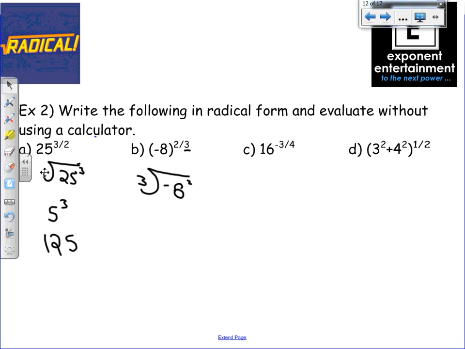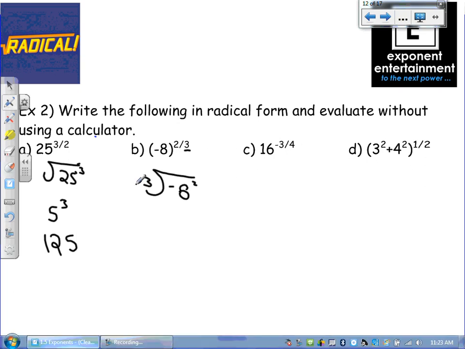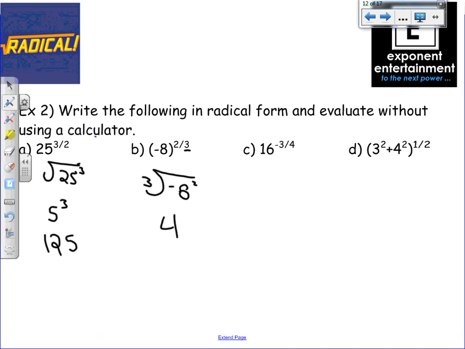The cube root of 64? Okay, 4. So you can square the negative 8 to give you 64, then take the cube root of 64. Or you can do the cube root of negative 8 and then square. You're going to get to the same spot both ways.